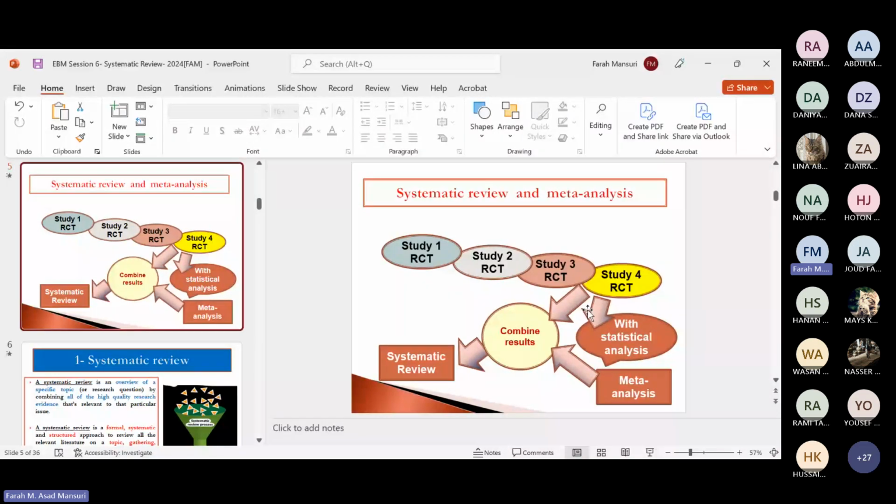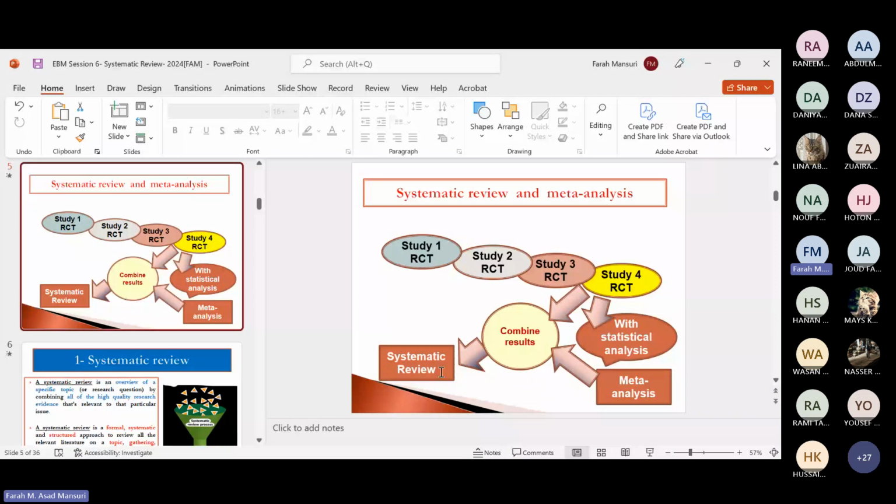But if the results are present in a sufficient, acceptable way, then we can apply the meta-analysis, and in that way we combine the results. Otherwise, we just summarize the average results of those studies without meta-analysis and publish it as a systematic review.